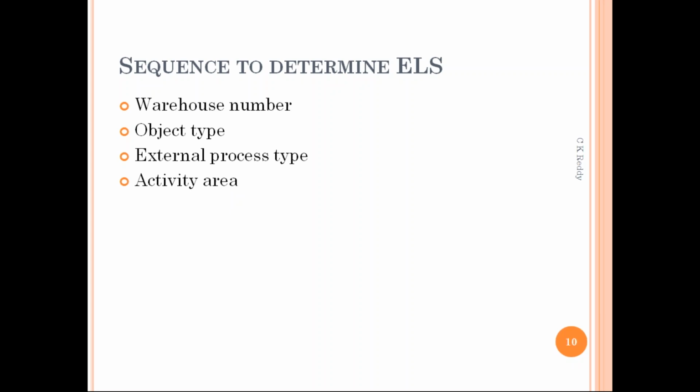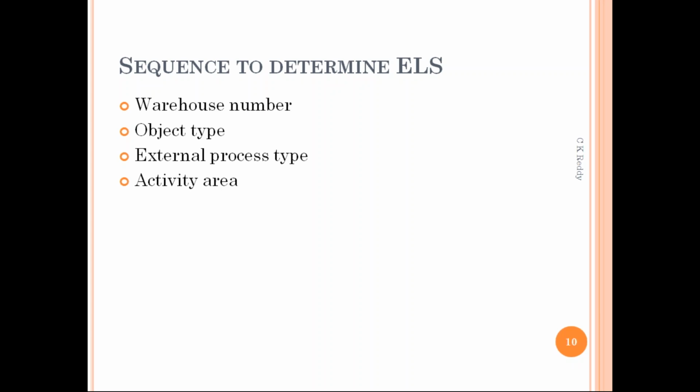What is meant by an activity area, and where is it useful for us in EWM? The activity area is a logical group of storage bins. We can execute the sort sequence of the storage bins at the activity area level against the defined activities.